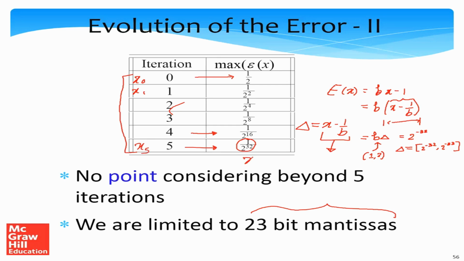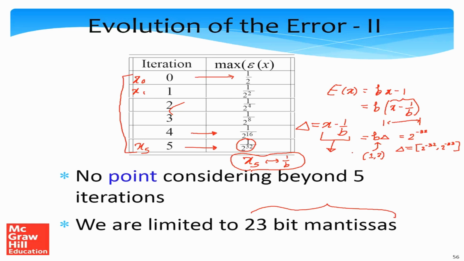The value of x5 is very close to 1 by b, which is what we wanted to compute. There is still a small difference, and this difference is delta, but it is smaller than our smallest precision. Since this floating point representation is approximate, we can ignore that minimal amount of error because there is nothing we can do about it, and go forward.